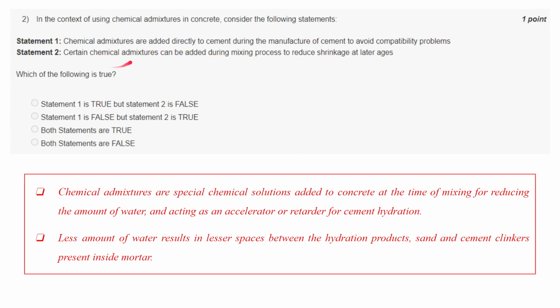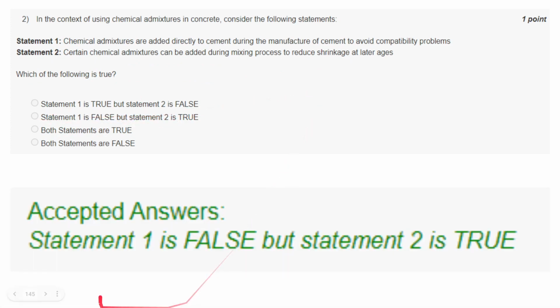So because chemical admixture is reducing water, pores are also reduced, and therefore shrinkage is also reducing. So chemical admixture helps in the reduction of shrinkage. So we can say that statement 2 is true. So 1 is false, 2 is true, so the second option will be the correct one.